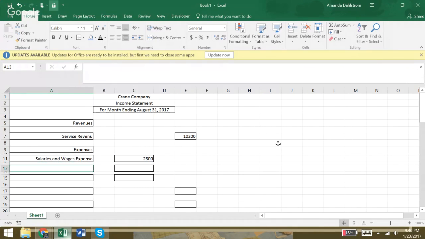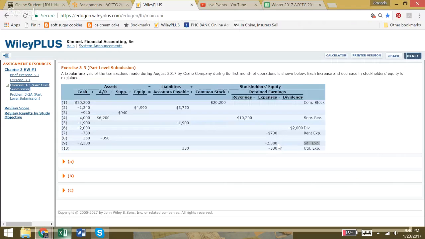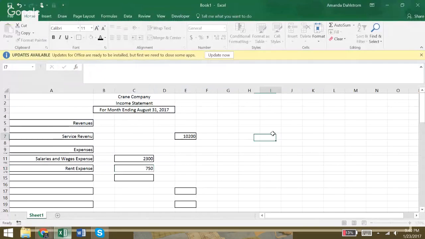The next item we had was a rent expense, and that was $750, I believe. Let's double check. $730, sorry. $730. Okay, rent expense of $730.